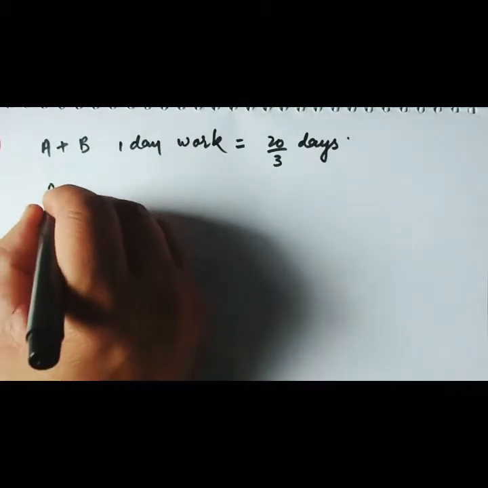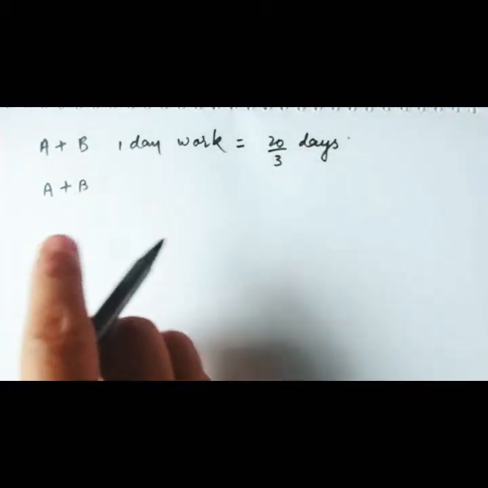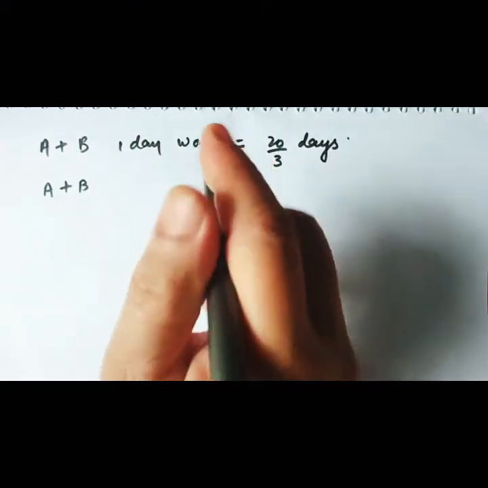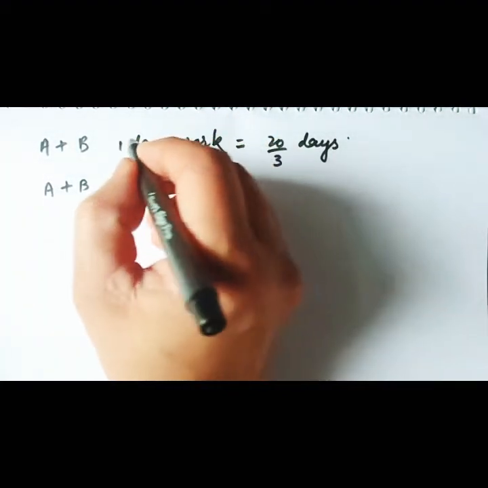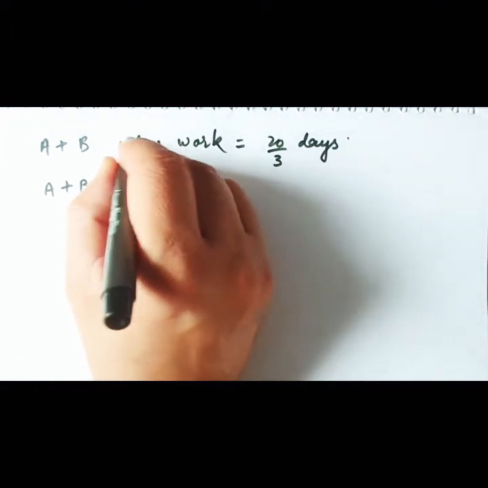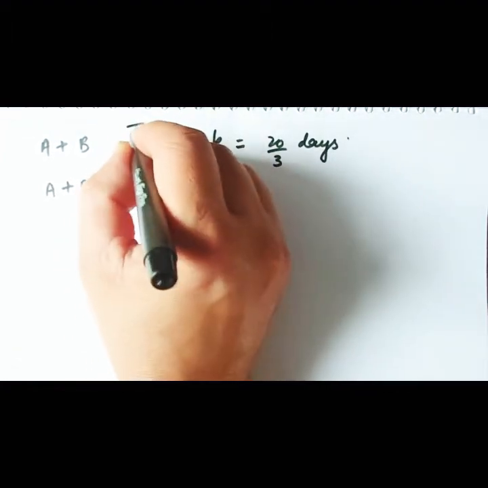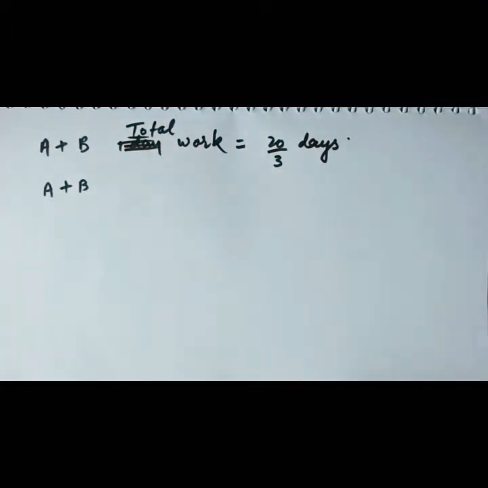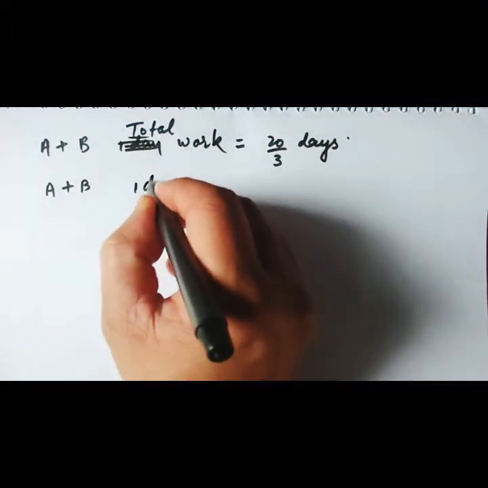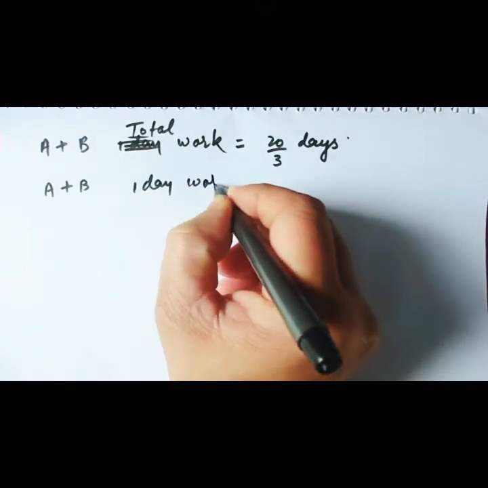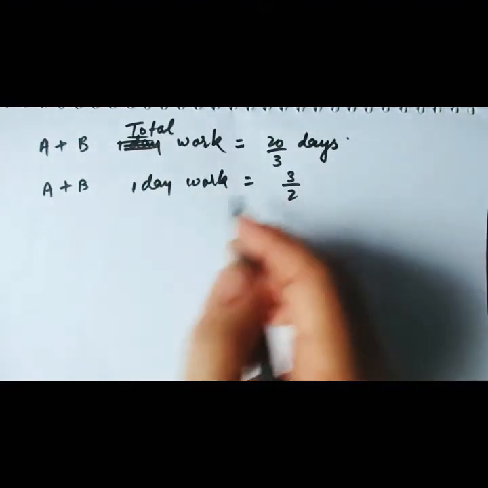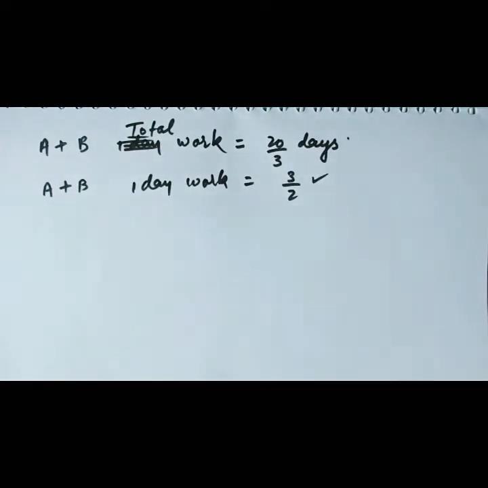So A plus B, not 1 day work, this is your total work. So total work can be done in 20 by 3 days. So A plus B 1 day work will be equal to 3 by 20.